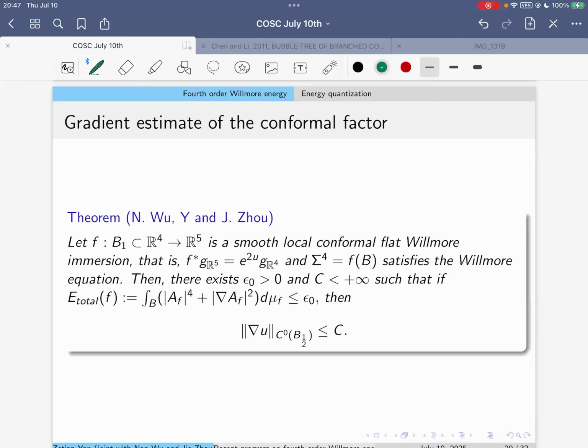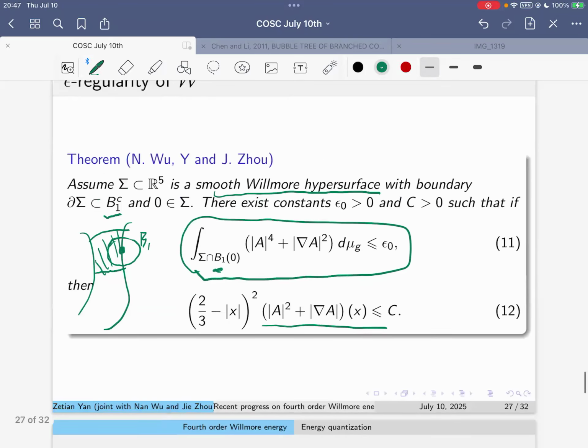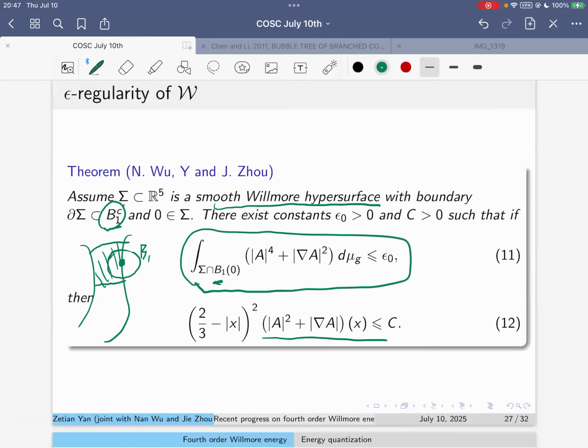So next, you can see that in the previous result, right? This smooth Willmore hypersurface is fixed. But if you consider a sequence of Willmore embeddings, you need to deal with the following question. Because in our setting, right, the ball here is exactly the extrinsic ball. So if you have a sequence of embeddings, right, we do not expect this ball will collapse.